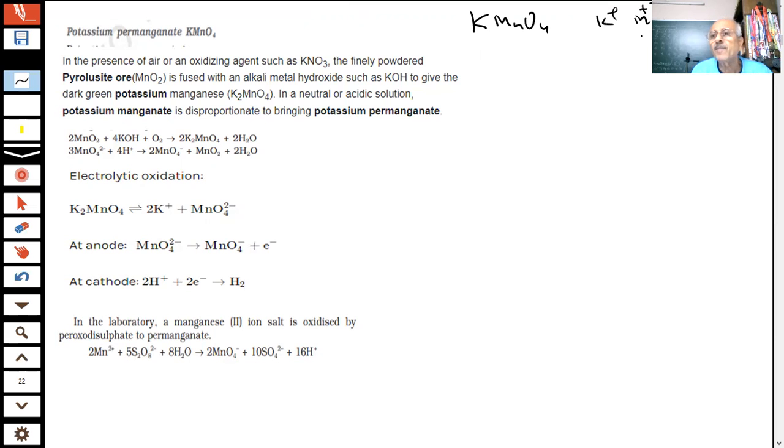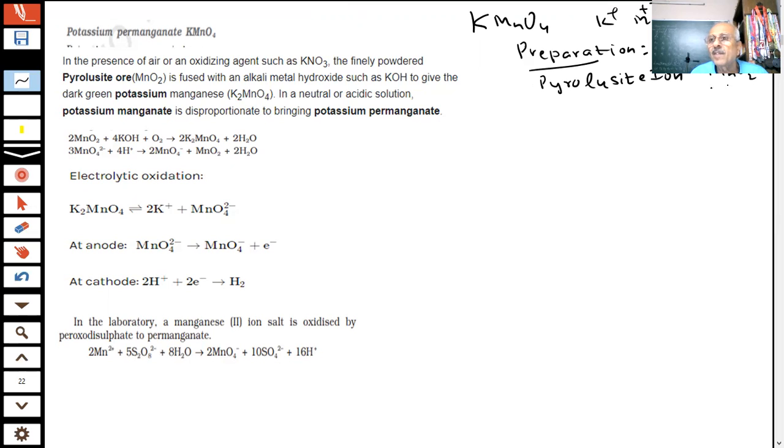Now here again, the method of preparation is an important question, students, because they have asked it many times. Again, there is an ore called pyrolusite ore. We should be able to know its formula: MnO2.